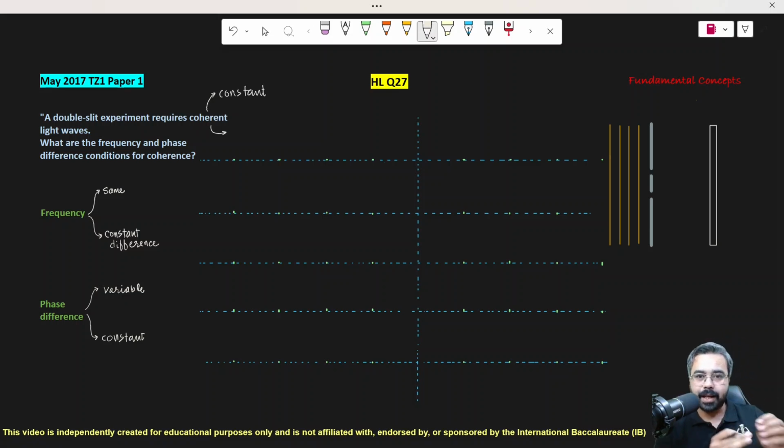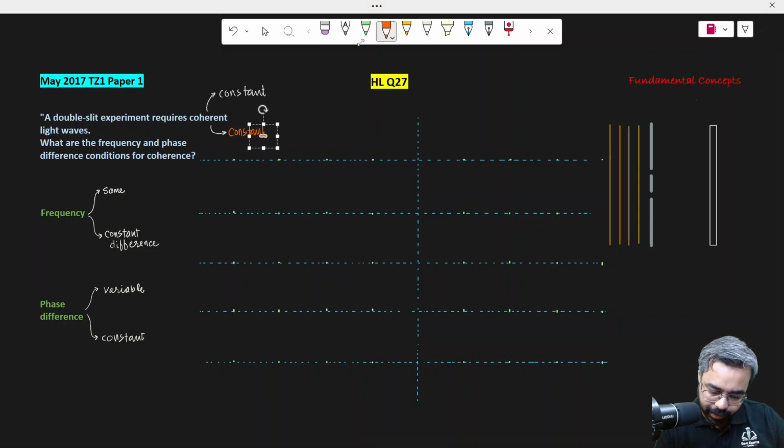If you take any point and calculate the phase difference there, you will get the same value, which makes the two waves coherent and able to interfere. So constant phase difference. The answer should be that the frequency should be the same and the phase difference should be constant. But let us see.